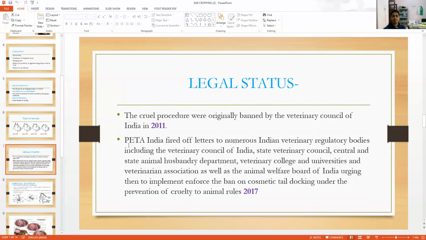So this operation is not legally permitted, because whatever ear and organs the animal has are its own, and you are going for this type of surgery only for a beautiful look. This is not good, and it is commonly banned and not permitted in many institutions.